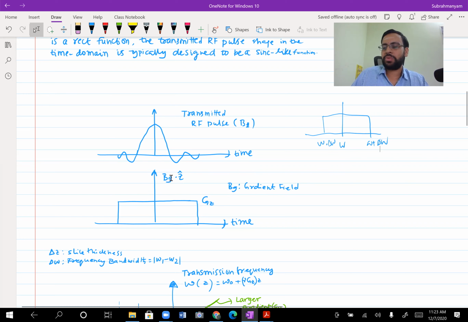They made a nice illustration here where they are showing your frame also to rotate. So when you are applying the B1, your field will be tipped to the XY plane. And you make this XY plane, the axis coordinate itself, rotate around the Z axis.